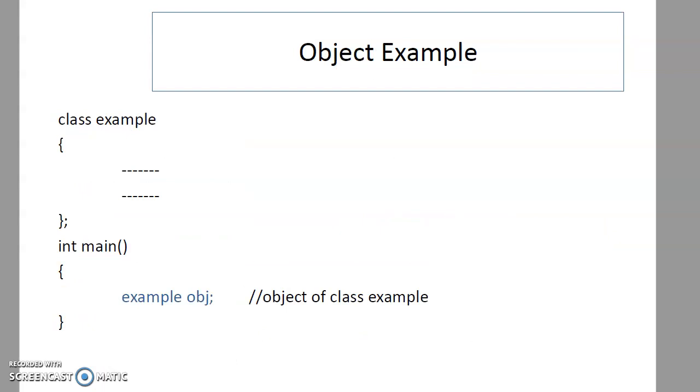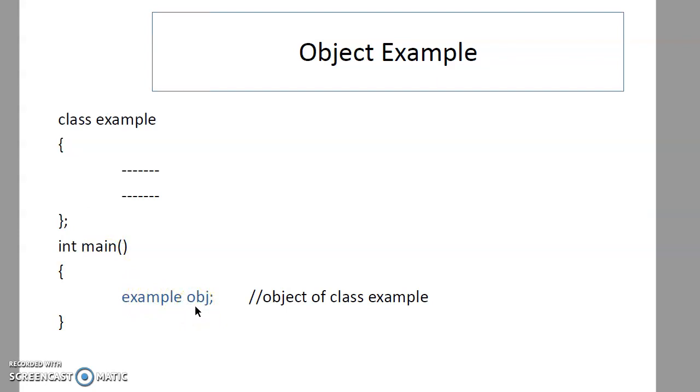This is an example of how you have an object. Suppose there is a class Example, opening curly brackets, closing curly brackets and semicolon, and within that the code of the class, maybe variables, methods and whatever it is. We are going to see them later when we see different examples of class. In the main, they have created an object of class Example.